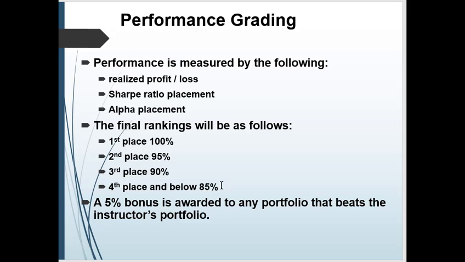If I was third place, then the first place and second place would get 105% and 100% respectively, because their portfolios beat my portfolio. So that's the way the game goes. Sometimes StockTrack changes the way they give us information, so we do have to be a little flexible when we get to this performance grading piece, but it seems to work out pretty nice almost all the time.